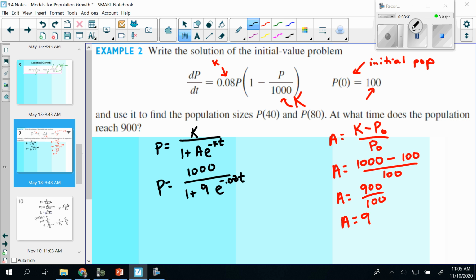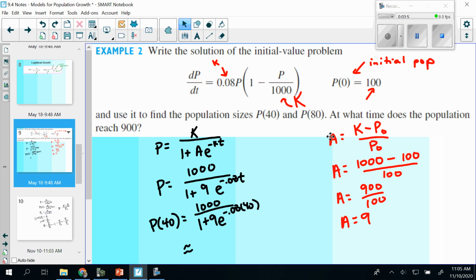All right, so now if you want to find P, the population at a time of 40, you're just plugging 40 in for our time here. And then this becomes calculator work to find that out.